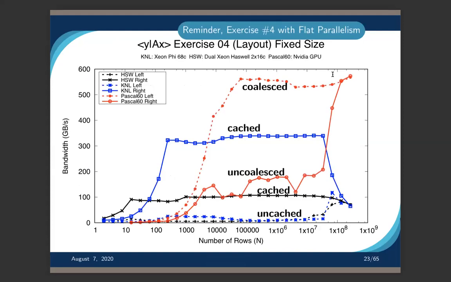Okay, so if we look back at exercise 4, which was essentially the thing where we played with the layout, we saw that on the GPU we needed layout left, on the CPU we needed layout right, and we needed almost 100,000 rows on a Pascal GPU to get full performance.